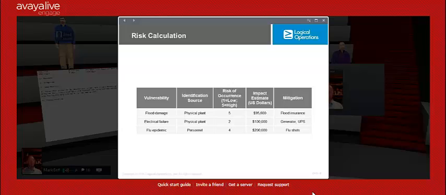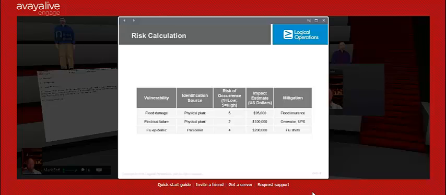The point is, pick one. It's not a big deal. In our example, we're using either quantitative, qualitative, or semi-quantitative methods to peg that risk of occurrence at a value of 1, 2, 3, 4, or 5, low to high.